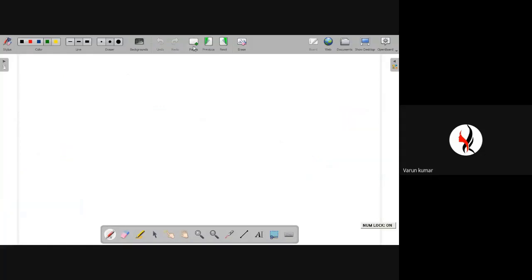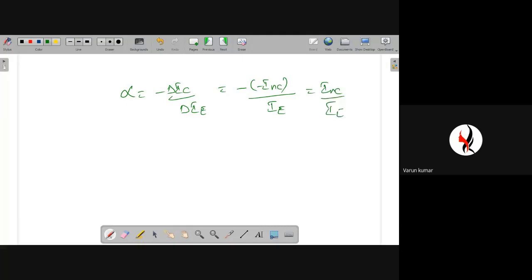And similarly, delta IE is given by the change in current, IE minus 0. IE will be the current that is flowing through the emitter. So delta IE is given by minus IE minus 0, and delta IC is given by minus INC. So if I want to find alpha, minus delta IC by minus delta IE, you will get minus of minus INC by IE, and minus of minus it will be plus INC by IE.